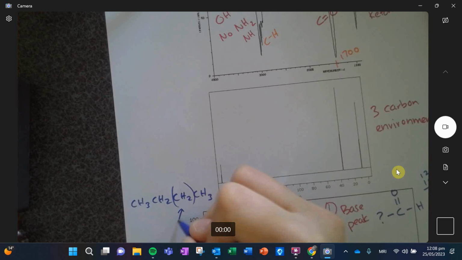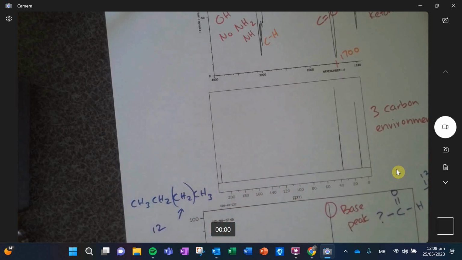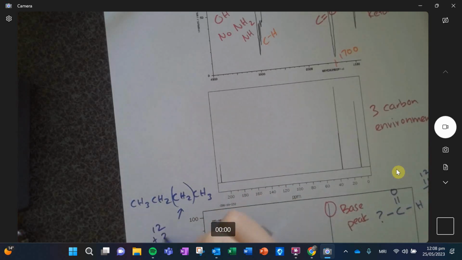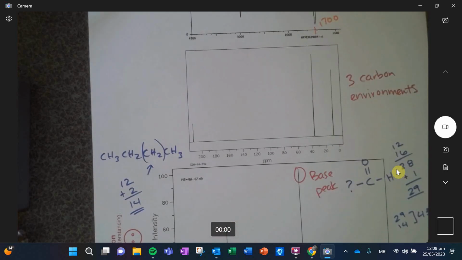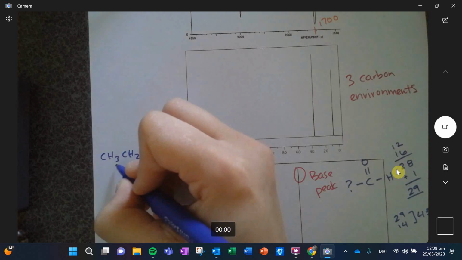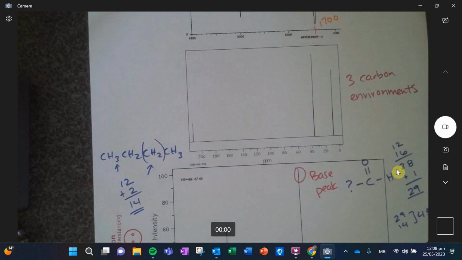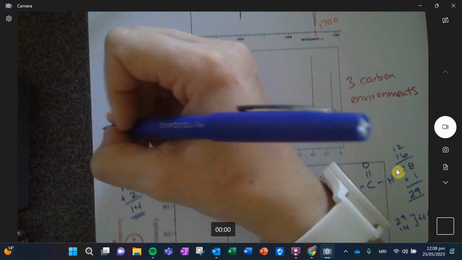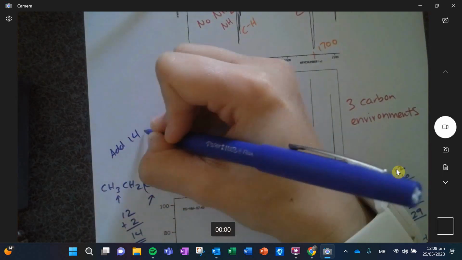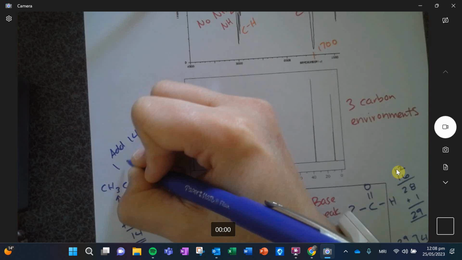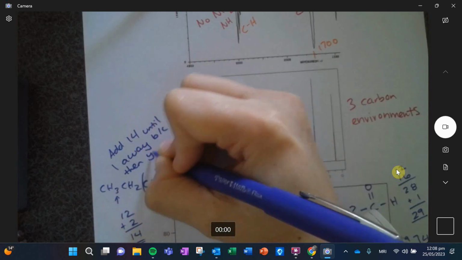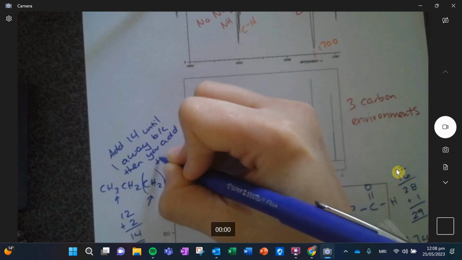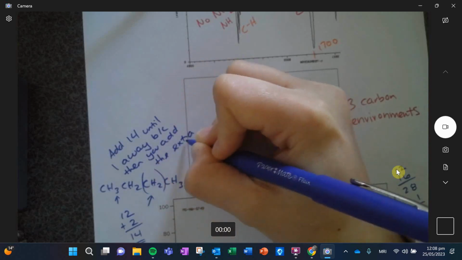My inside carbons are 14 because I know I have 12 for the carbon and then 2 for the hydrogens. That's why we're playing the game of add 14. Add 14 until we are 1 away because when we get to the end, we have an extra hydrogen.